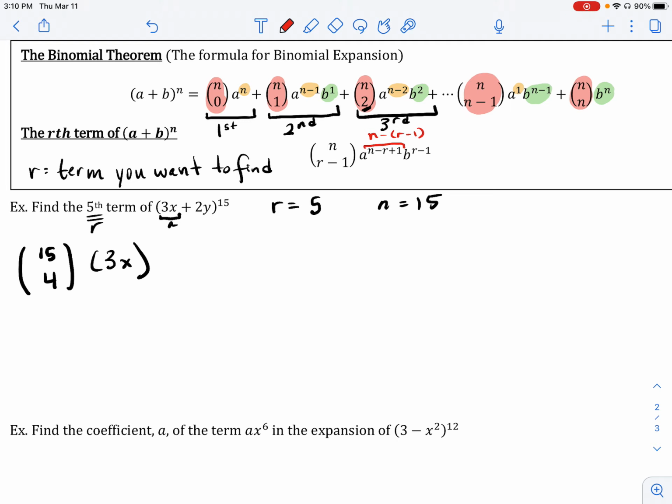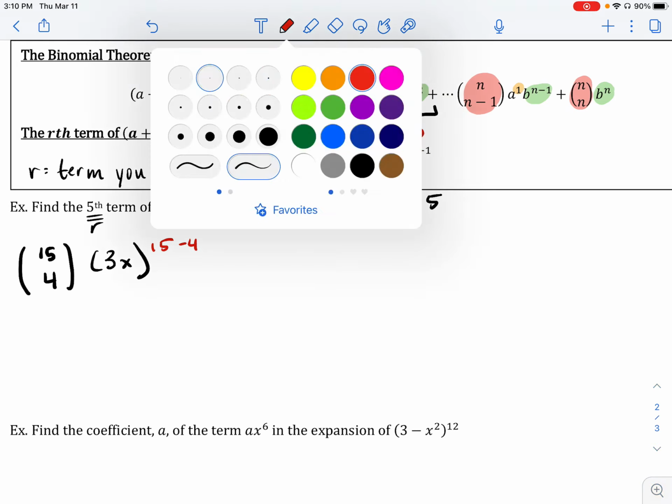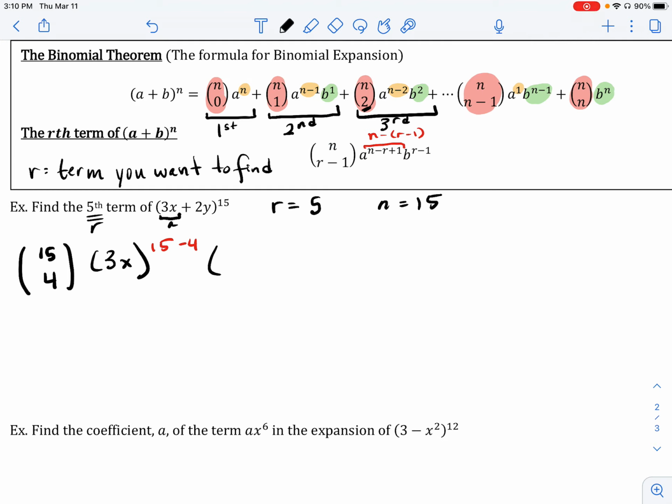If I say n minus the value of r minus 1, that's the power we're raising our 3x to. So we're going to say 3x is being raised to 15 minus 4. That's our exponent. Now going on, our b value is 2y, and we're raising that to the fourth power. It's just whatever your r minus 1 was.